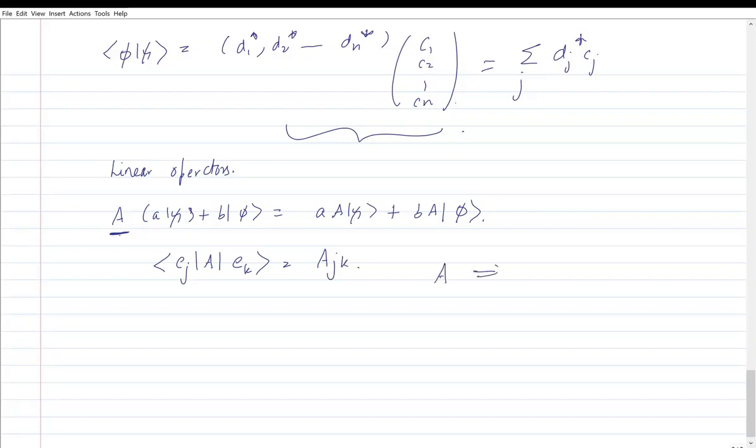So A has a representation, and so on and so forth.